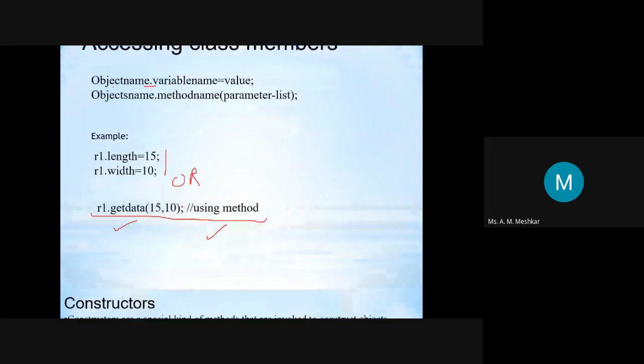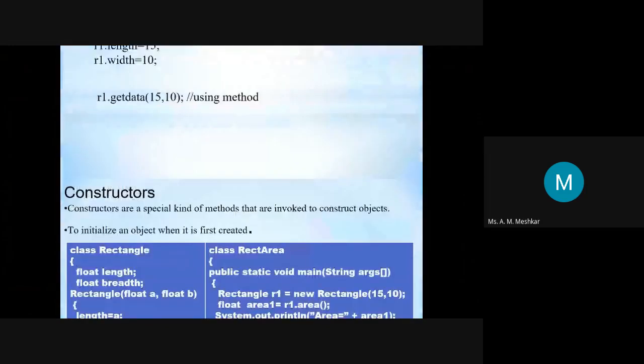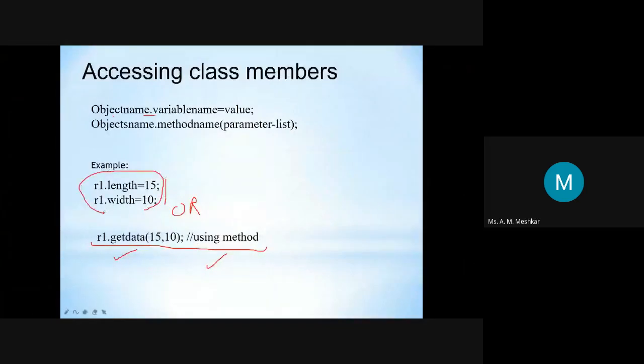Let us move on towards the constructor. Now, as we know, we can perform the operation of initializing the value of data fields using two ways. Till now, we have studied two ways. First, you separately access the fields using the object name and dot operator, and assign the values.